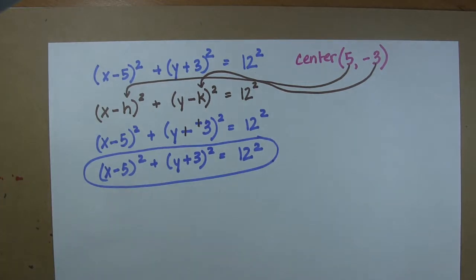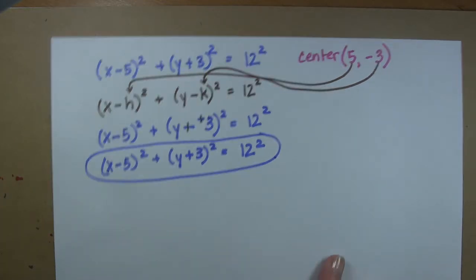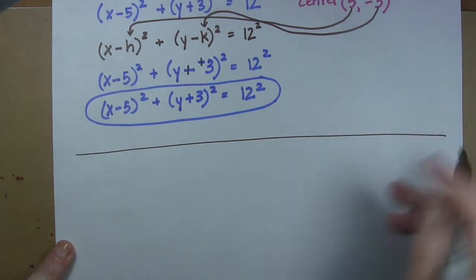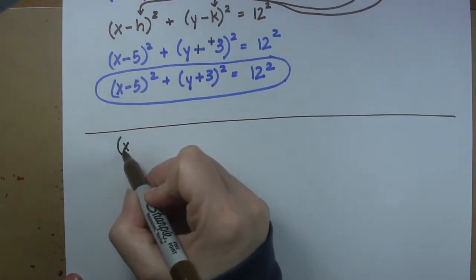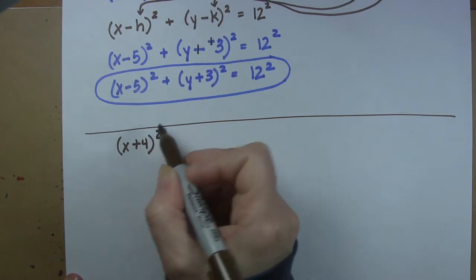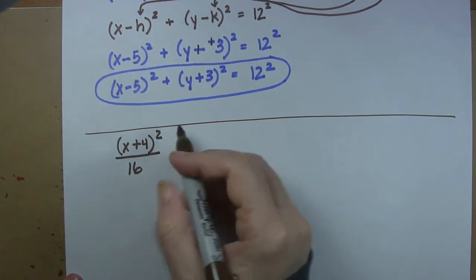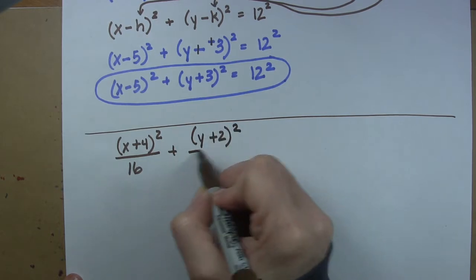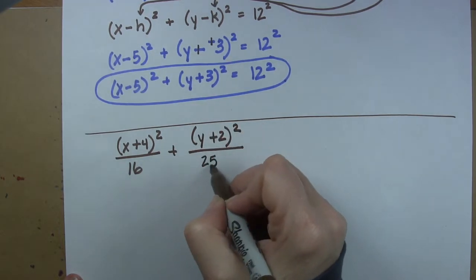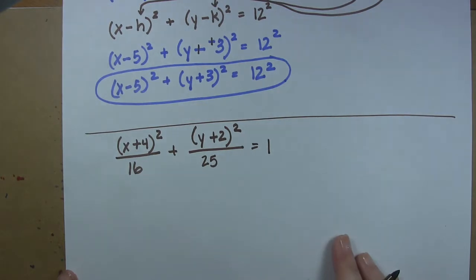So let's do another one just to make sure you're catching on here. Let's say that we have this formula. We have x plus 4 quantity squared over 16 plus y plus 2 quantity squared over 25, and that equals 1.